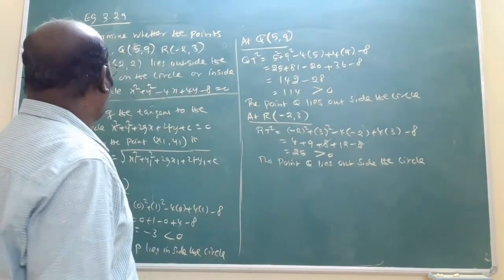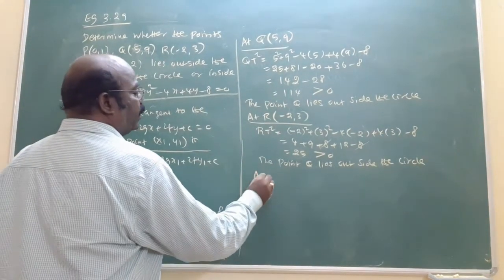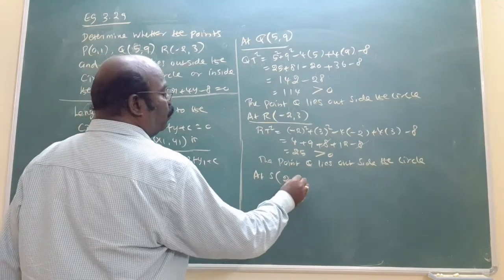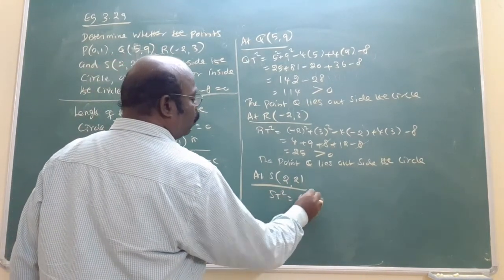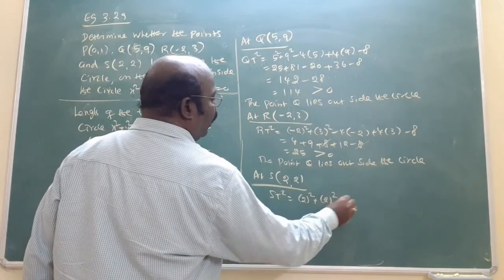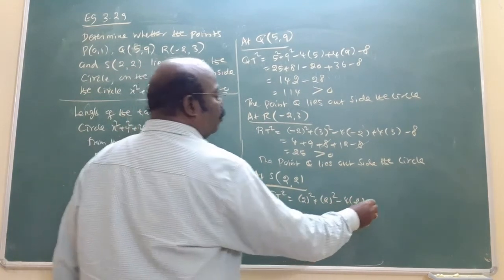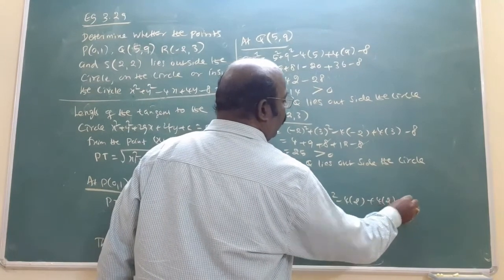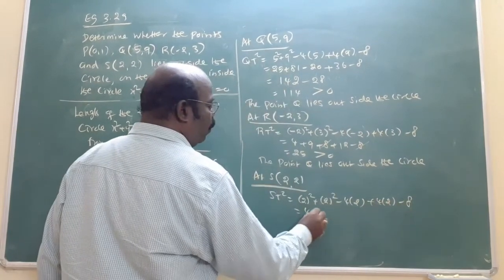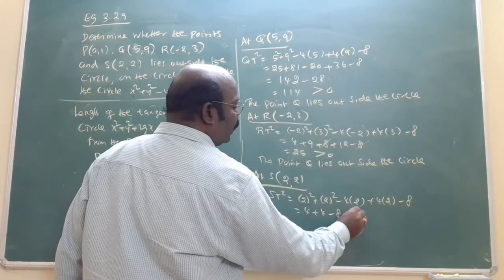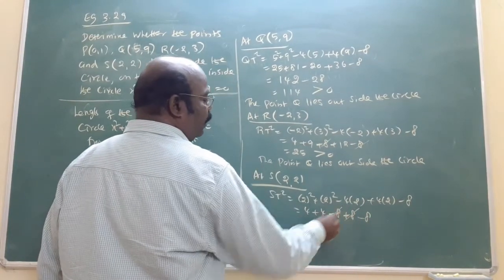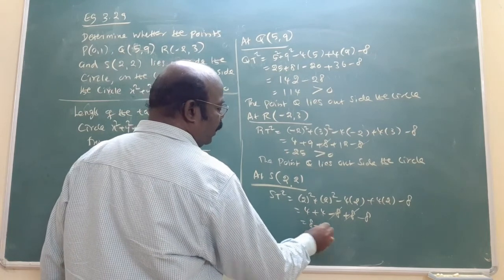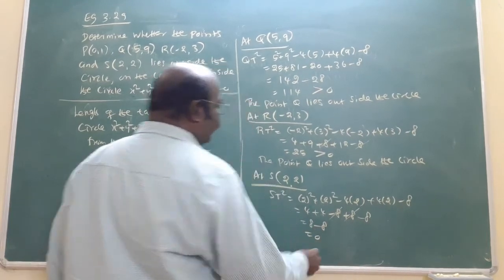Okay? What is the last point? S of 2 comma 2. SP square equal to 2 square plus 2 square minus 4 into 2 plus 4 into 2 minus 8. 4 plus 4 minus 8 plus 8 minus 8. Am I right? This will be cancelled. Again, 4 plus 8 minus 8... exactly 0 is coming.